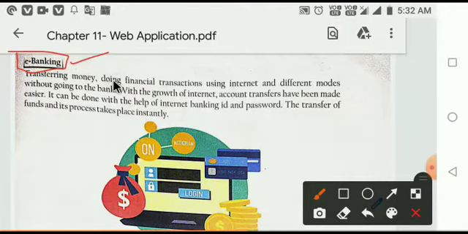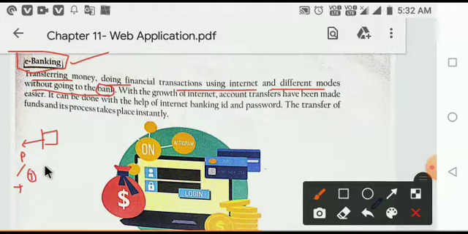It means all types of transactions that you do at your home in electronic mode: transferring money and doing financial transactions using the internet and different modes, without going to the bank. Without going to the bank means you do not need to go to the bank. At your home you can transfer money to the person you need, through electronic transfer transactions.